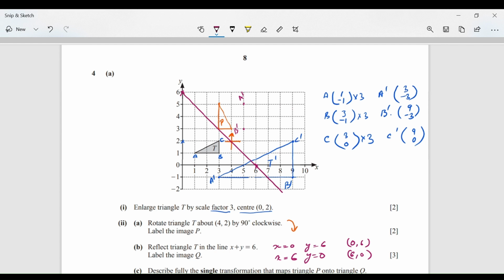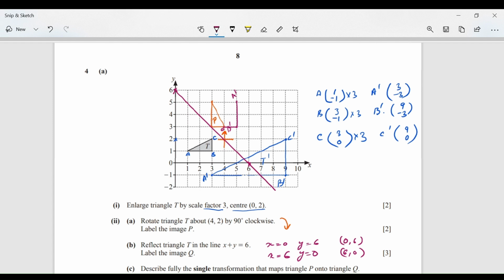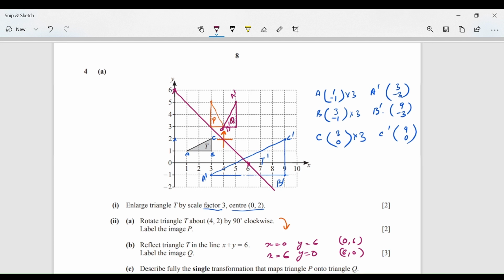Now C will be 1. So this will be our C prime. So our triangle will be this, this, and I will join them this way. Now we will mark this as Q. This is Q.